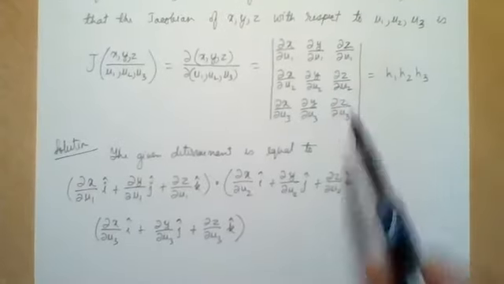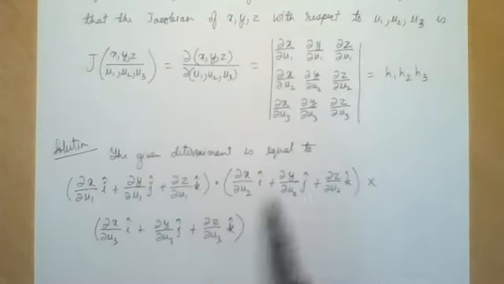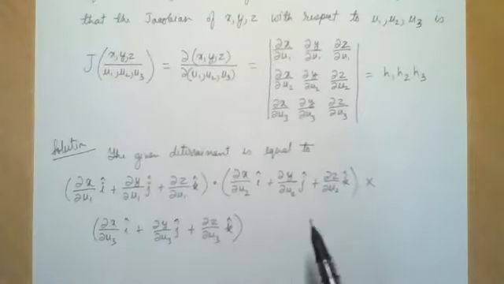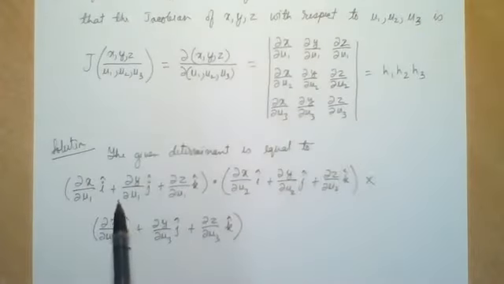So the given determinant is equal to the product of these three vectors. This is scalar triple product, or in short, box product. And what is this?